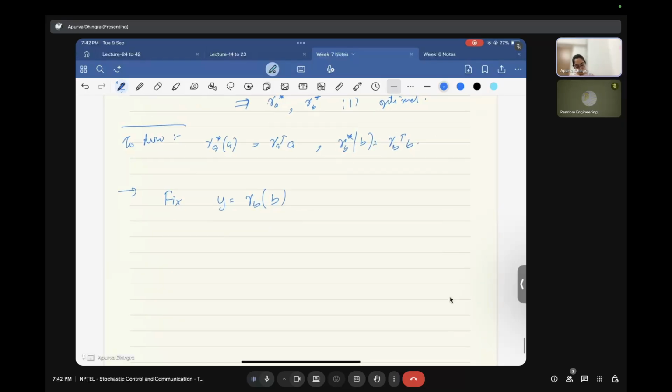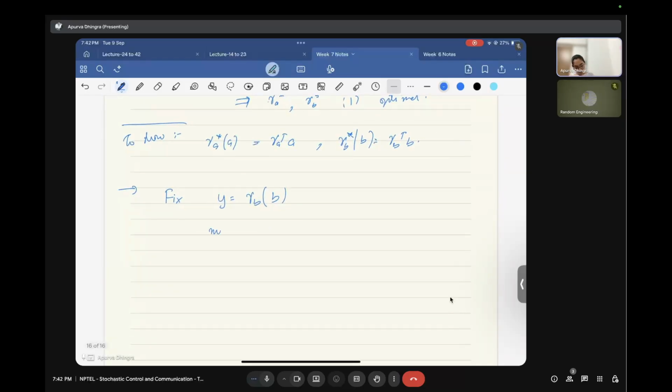So now our problem reduces to minimizing over just gamma A, and we are taking the expectation of L of x, y, gamma A.